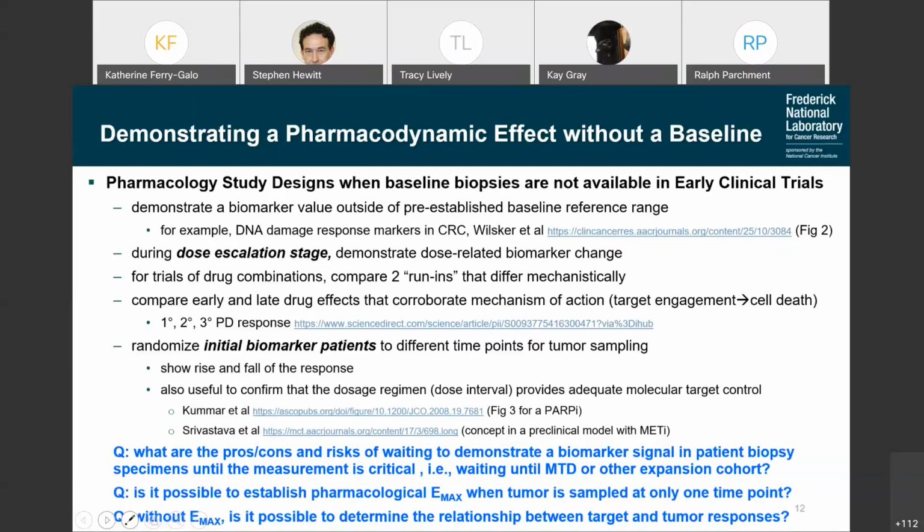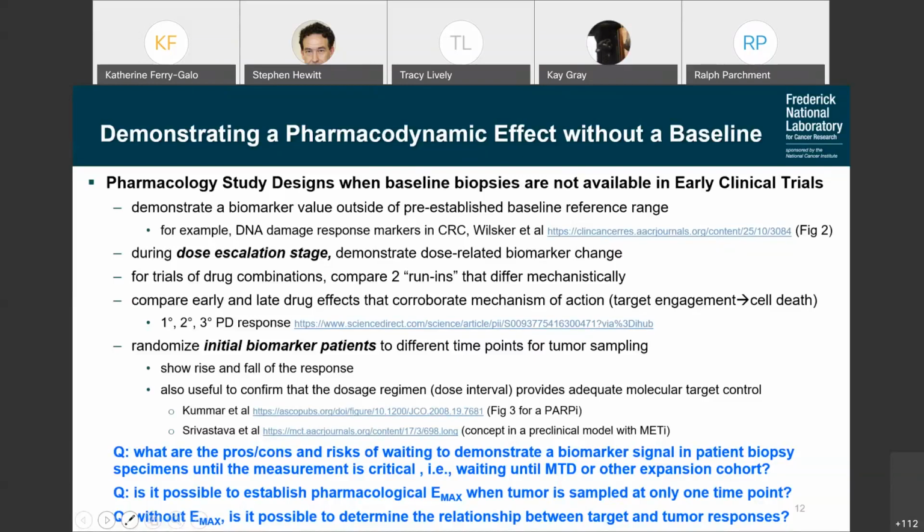That allows one to demonstrate a time-dependent change in the biomarker value. And if the fit-for-purpose modeling has established that that is an expected result, that goes a long way in demonstrating a molecular drug response in the patients, despite the lack of a baseline biopsy.